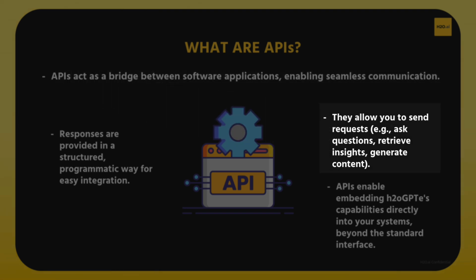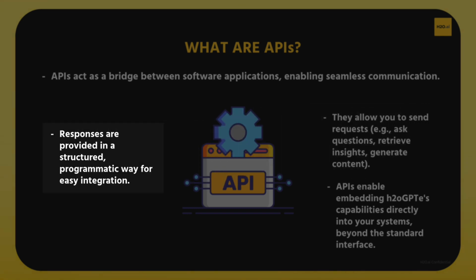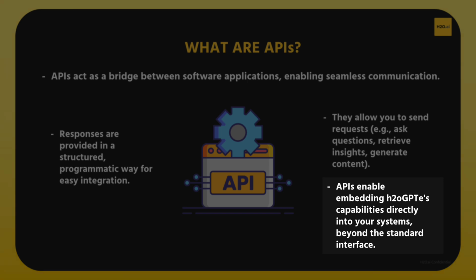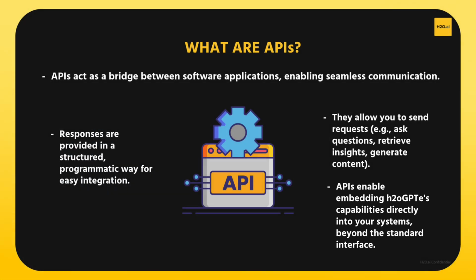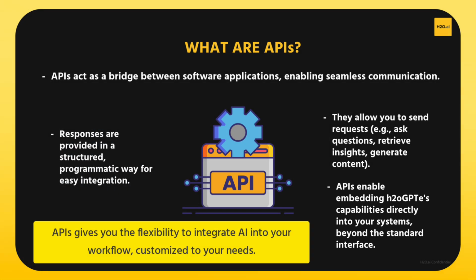Essentially, they allow you to send requests to the H2oGPTe platform, such as asking questions, retrieving document insights, or generating content, and receive responses in a structured, programmatic way. This flexibility empowers you to embed H2oGPTe's powerful capabilities directly into your systems, adapting it to meet your specific needs without being confined to the standard user interface.